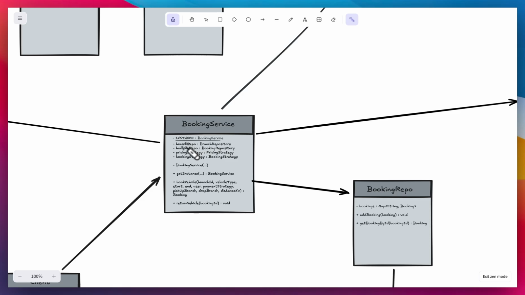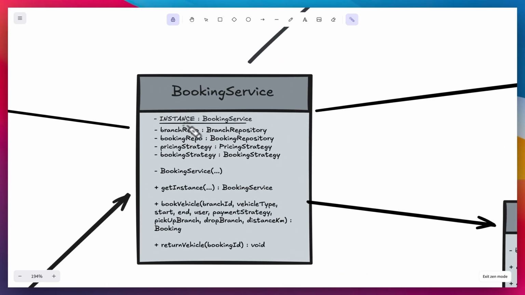And that's the reason why I have made the constructor private, and I have exposed the get instance function, which would get the instance of this booking service class. And this is that variable which is private. This variable is nothing but a booking service object, right?